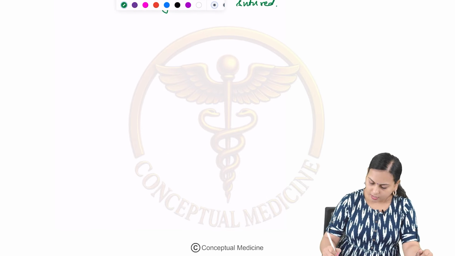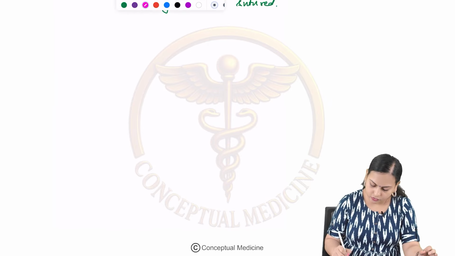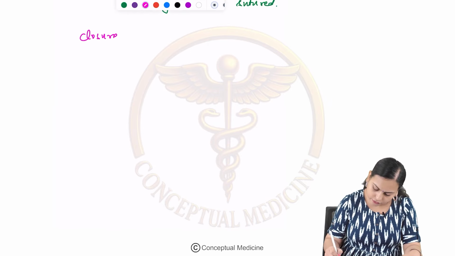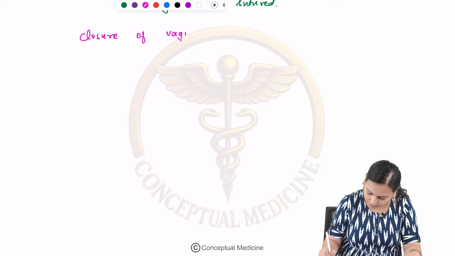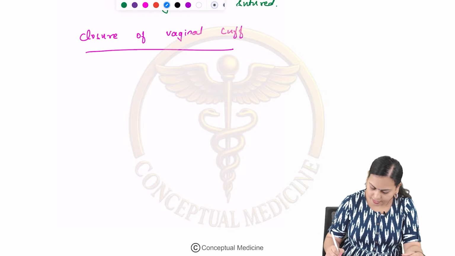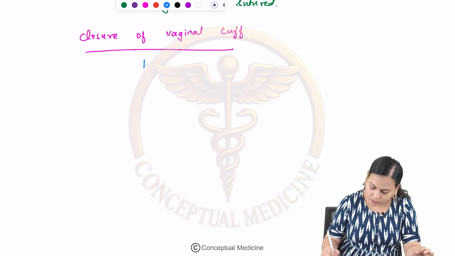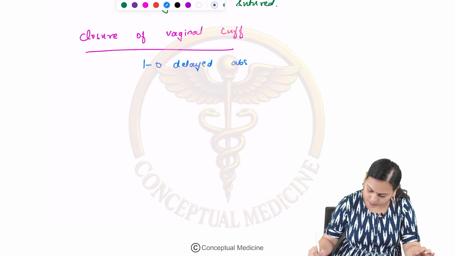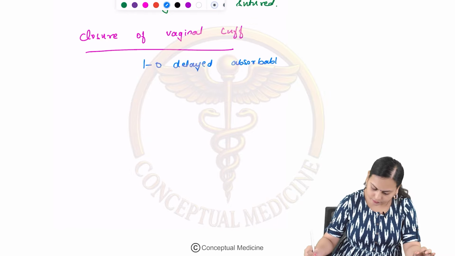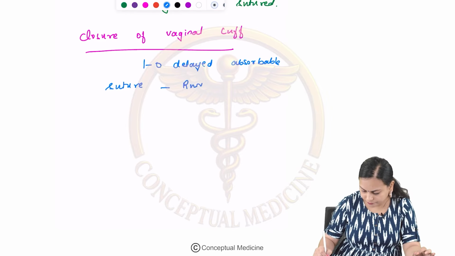Right. Now after this, we have to do closure of vaginal cuff. That is one important thing, where it will be sutured with 1-0 delayed absorbable suture. Usually we will be giving running sutures.